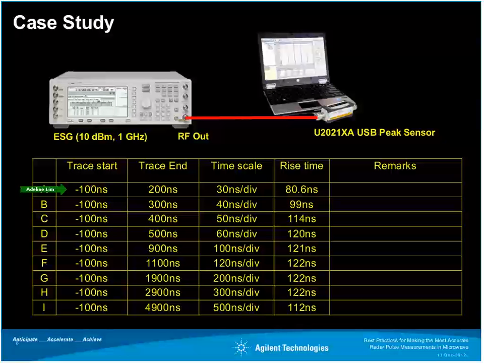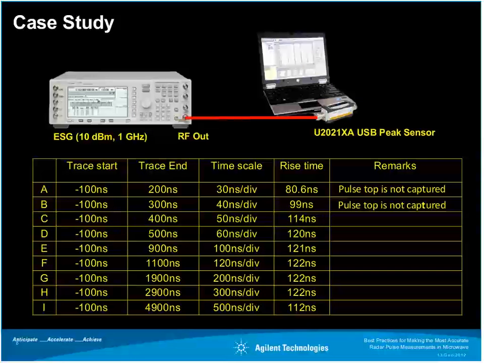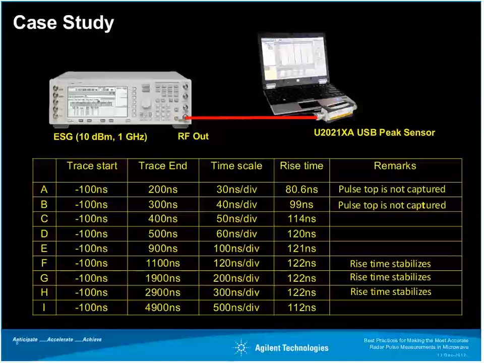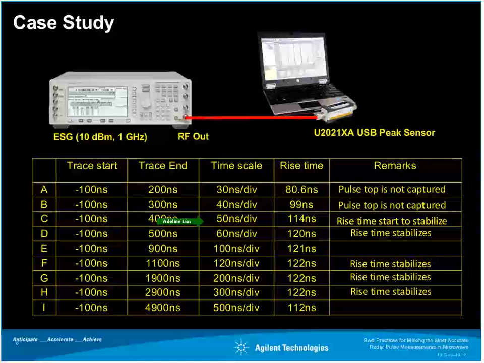Notice that the rise time results are different. The rise time measurement starts to stabilize and become consistent from 50 nanoseconds per division of time scale, or capture size of 500 nanoseconds, onwards. The reason for this will be explained in the next slide.